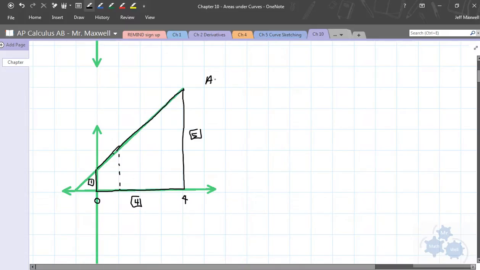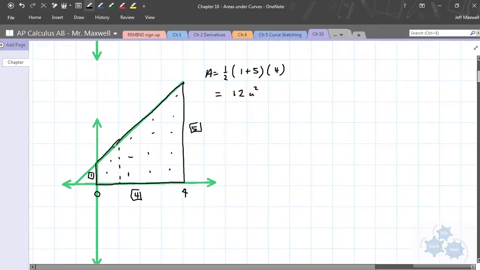So the area here is 1/2 times (1 plus 5) times 4, which is, 1/2 of 6 is 3, times 4 is 12. And let's see if that matches up here. We've got 1, 2, 3, 4, 5, 6, 7, 8, 9, 10 whole, and then another 2 halves is 11, and another 2 halves is 12. So that's 12 square units there.